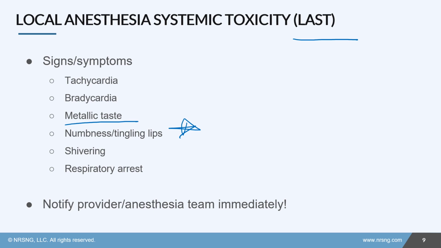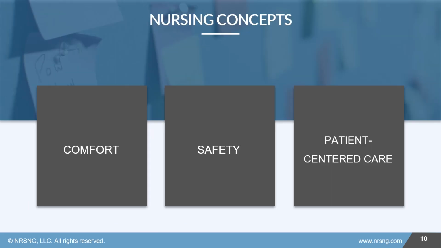Also, guys, you might see tachycardia initially, but then you're going to see bradycardia with increased toxicity. Respiratory arrest can occur if this issue is not recognized. So this is why monitoring the patient and communicating with them is critical. Notify anesthesia immediately if your patient is exhibiting any of these issues.